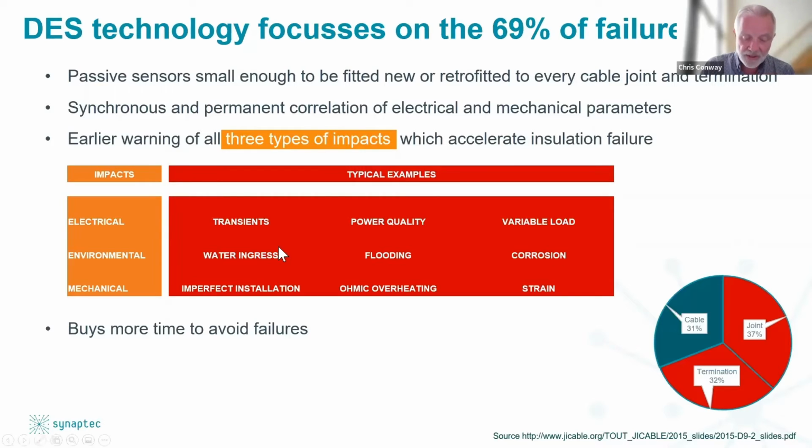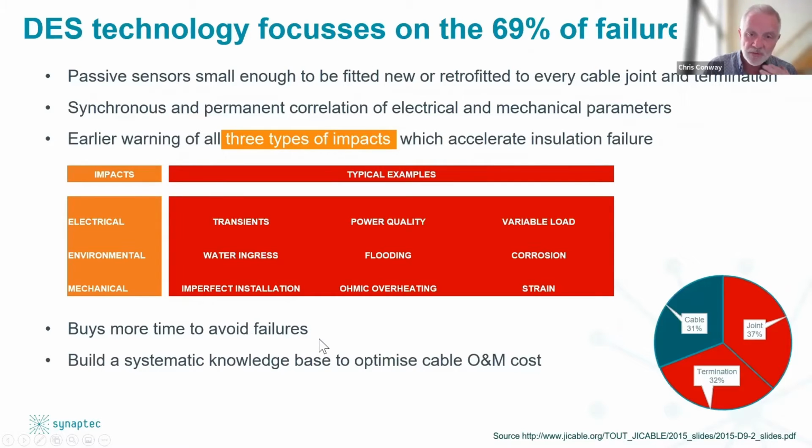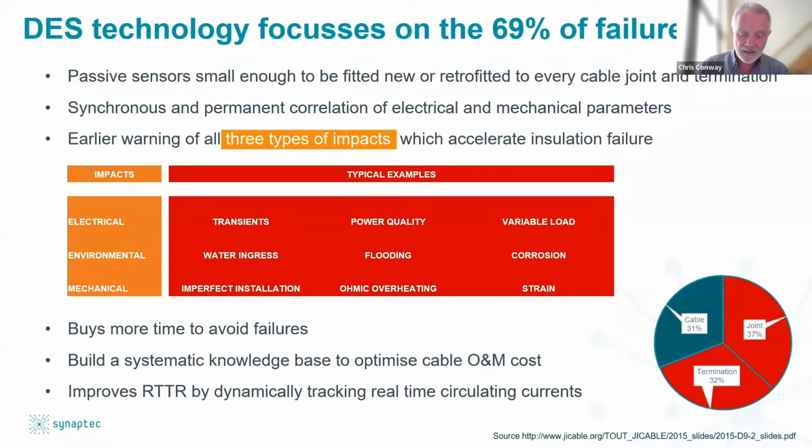So the concept here is to buy more time in avoiding failures. As the knowledge base increases, it becomes more effective at managing the operation and maintenance cost of cables, because we know what to expect.